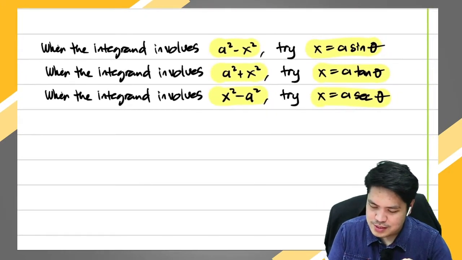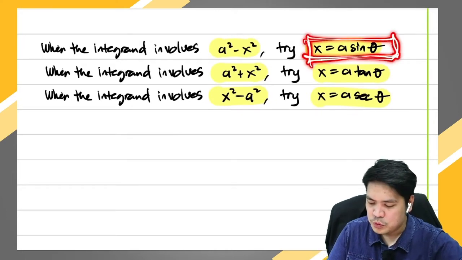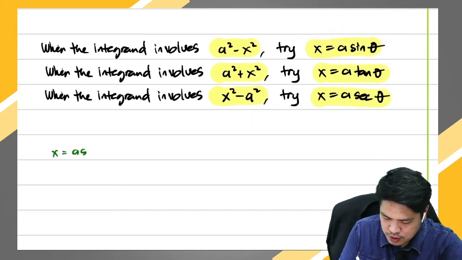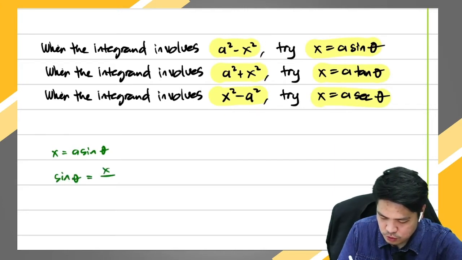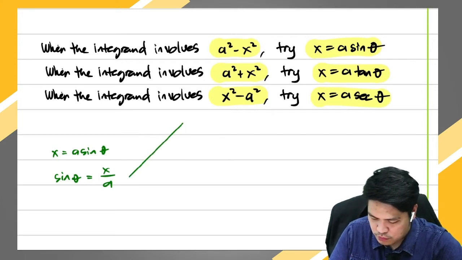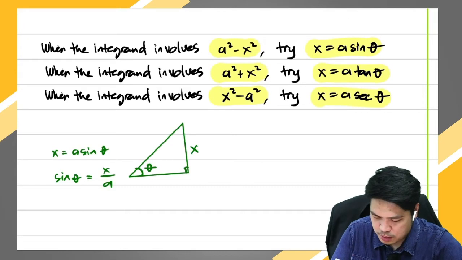One way of showing this is if we consider this equation, x is equal to a sine theta. We could rewrite this as sine theta is equal to x over a. And if we reconstruct the triangle like we've been doing in the previous lessons and also in our bridging classes, that means for this right triangle, this angle is theta, and since sine is opposite over hypotenuse, the opposite side is x and the hypotenuse is a.